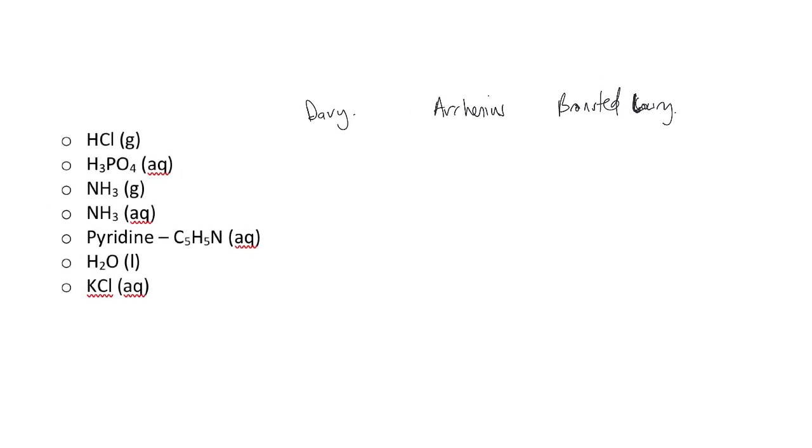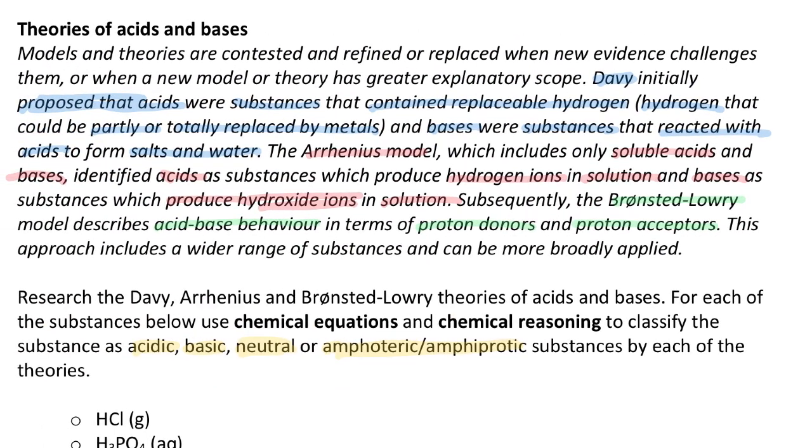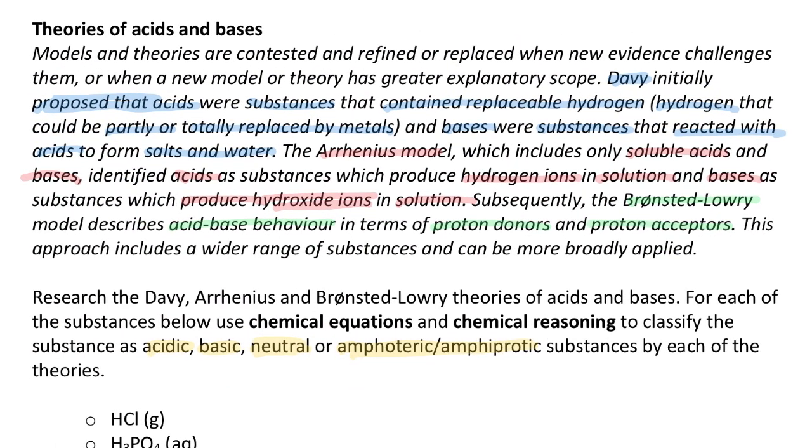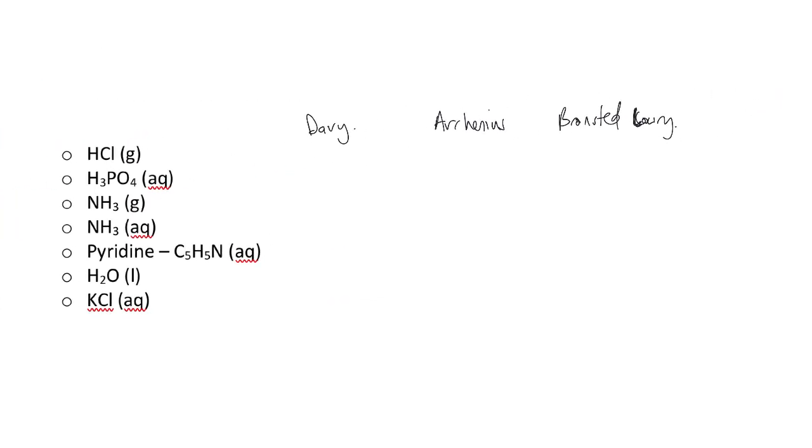So HCl under Davy. Davy defined acids as substances that contain replaceable hydrogens that can be totally or partially replaced by metals. So hydrogen chloride gas, if it reacts with a metal, will be replaced by that metal and produce hydrogen gas.